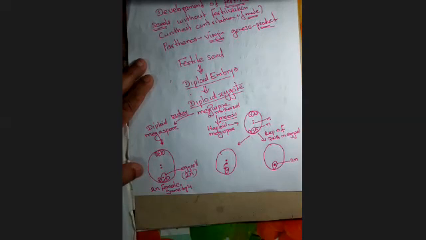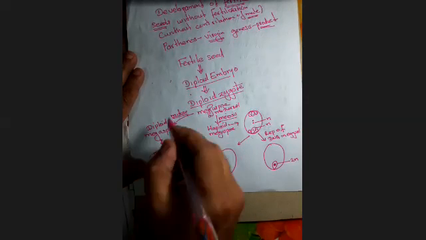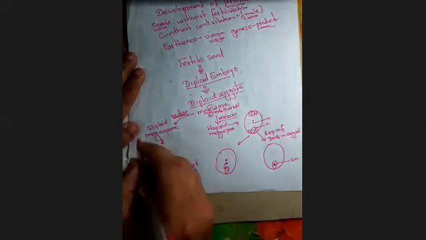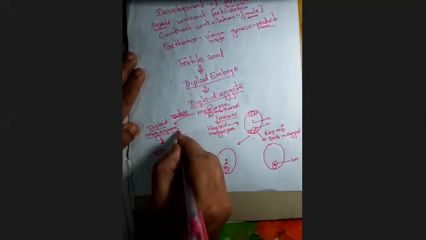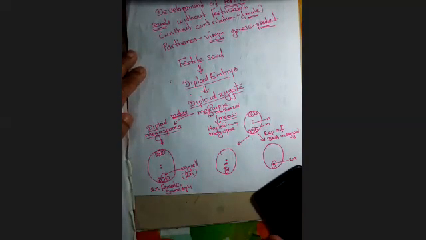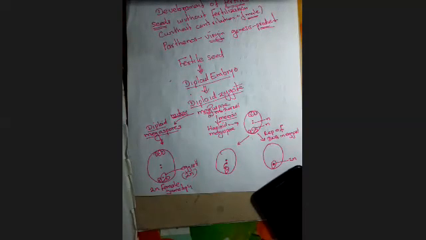Once again, I'm repeating it. To make the diploid egg cell, there are three methods adopted. One method is the megaspore mother cell making diploid megaspores by mitosis. That will produce a female gametophyte entirely diploid, and the egg cell will also be diploid and work as the zygote.